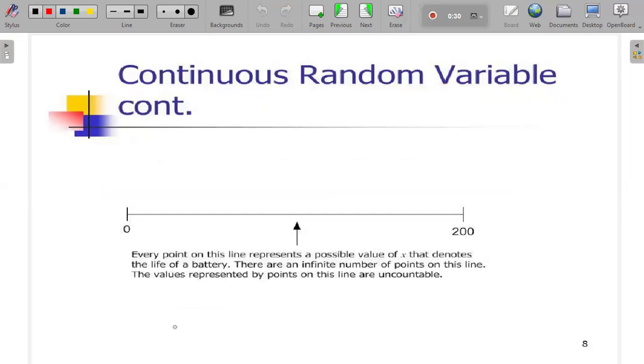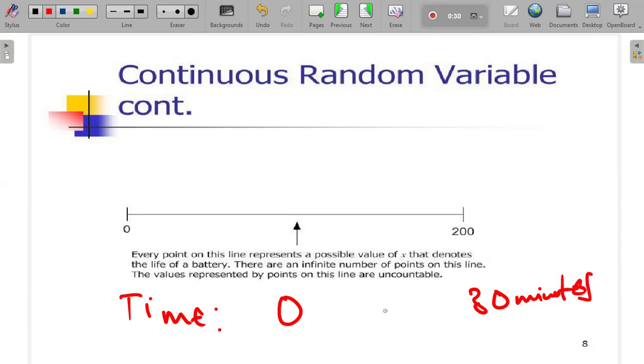So let me say the time that you take to walk from your home to school is between 0 and 30 minutes. This will be a continuous random variable because you can take any time between 0 and 30.